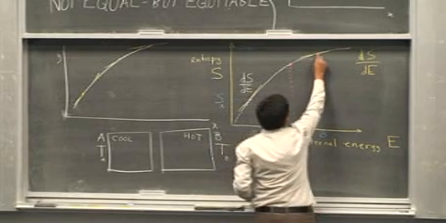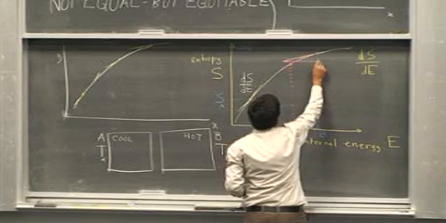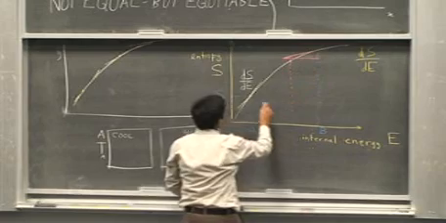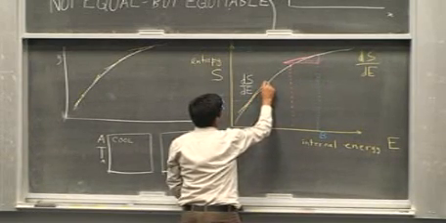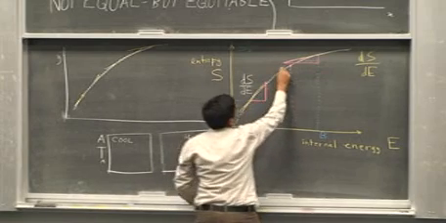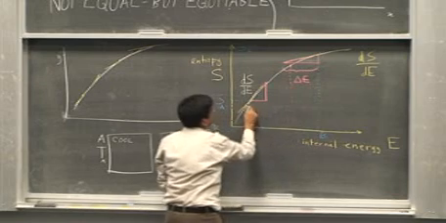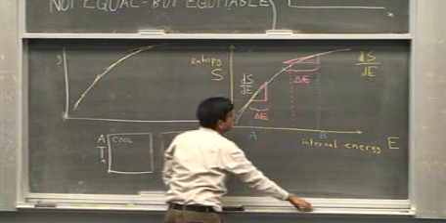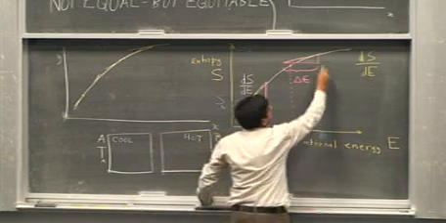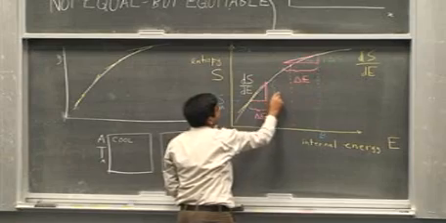If I plot a triangle here, and I plot a triangle here, for the same amount of energy change, this is delta E. This is delta E. Then it's very obvious that this change in entropy, delta S, is much smaller than this change in entropy.